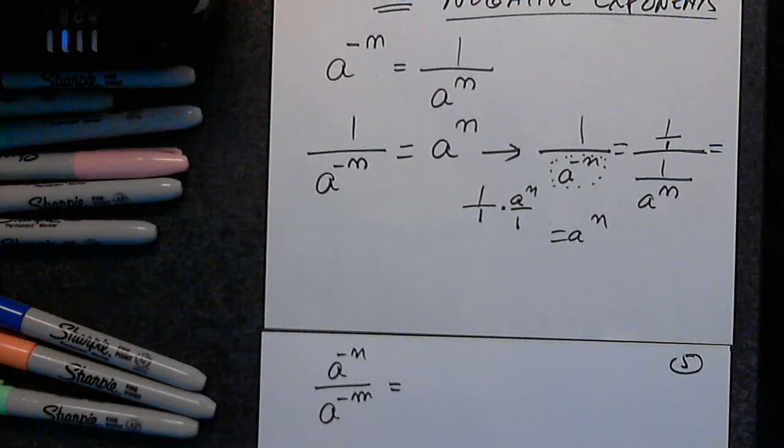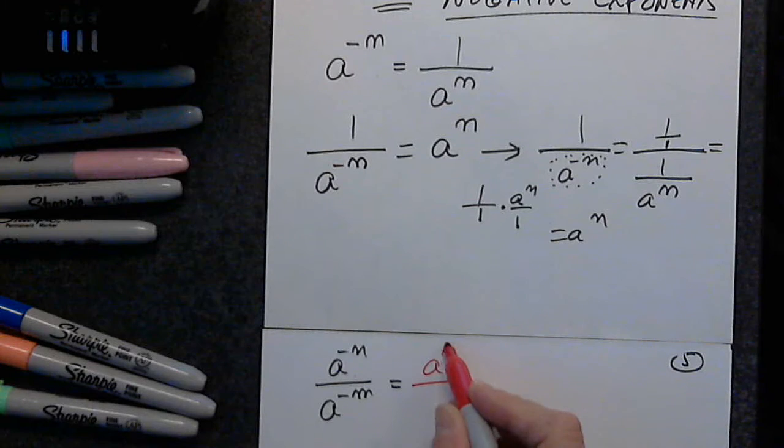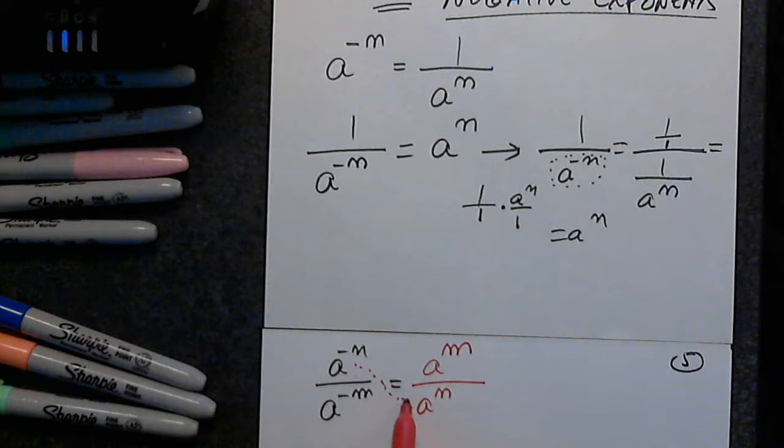Where will this one go? So what will be the answer then? A raised to the m over a raised to the n. This will go here with the positive exponent, and this will go here with the positive exponent.